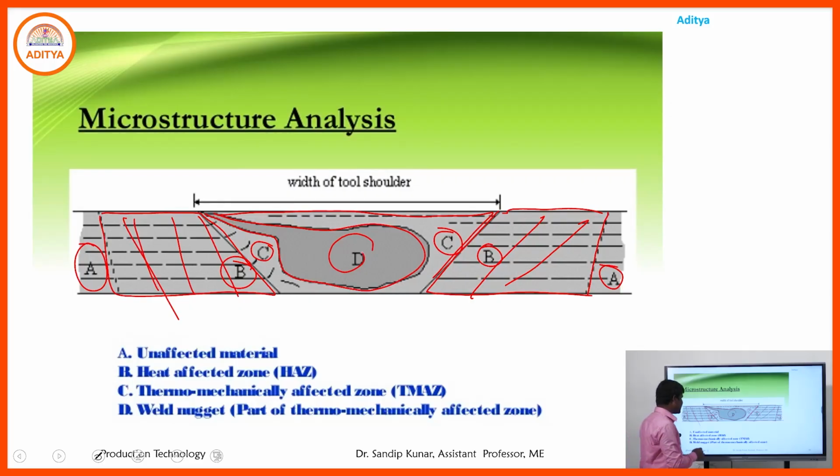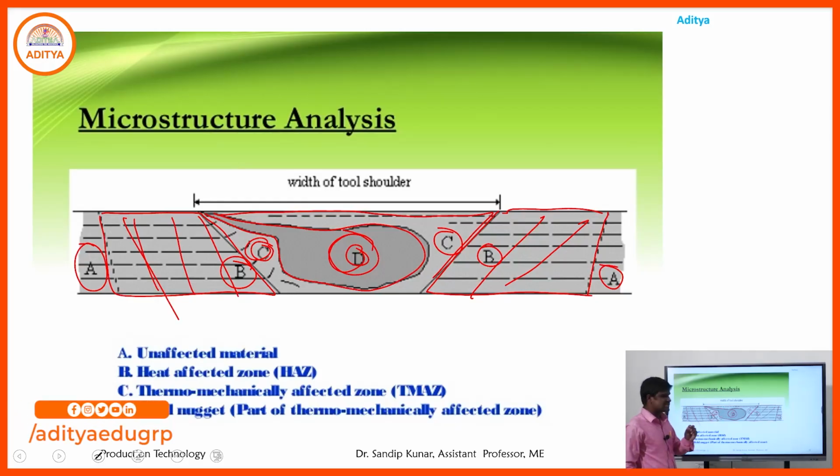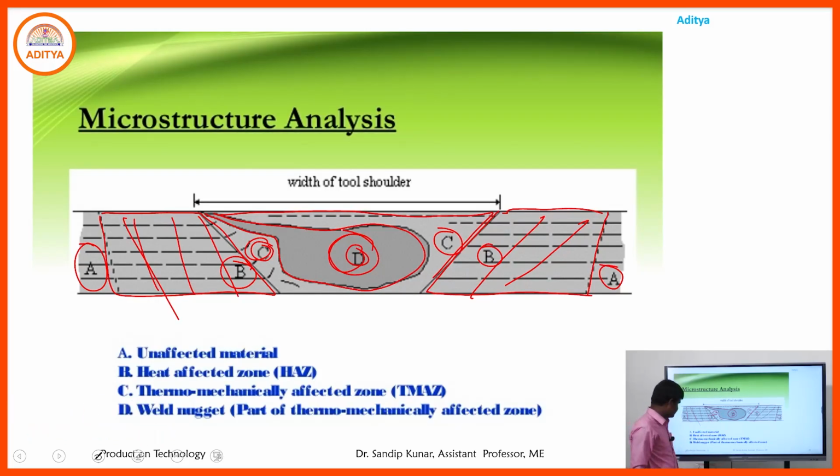Zone C and zone D are the weakest parts of the welding zone. Zone D is called the weld nugget, where a molten state is formed, and that molten state helps to join both plates.